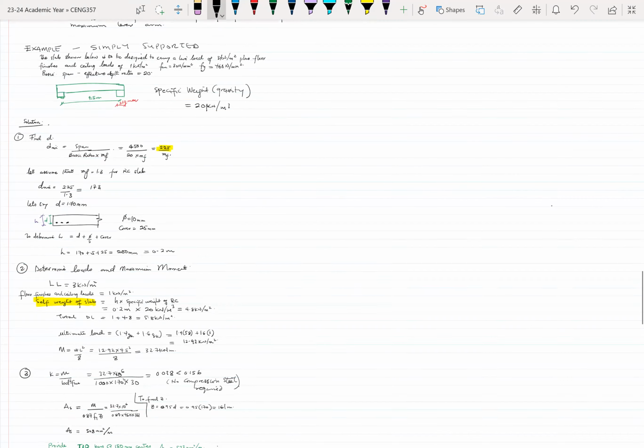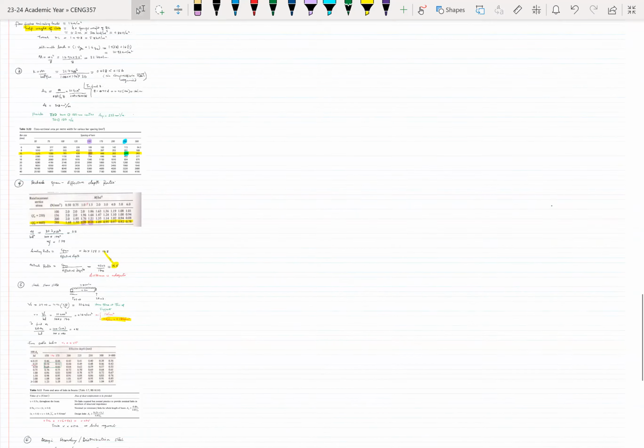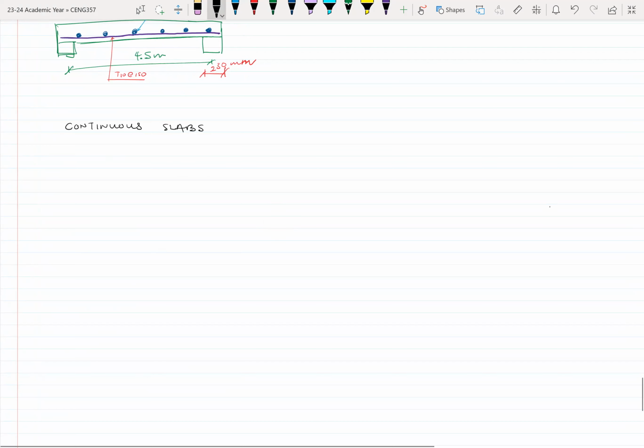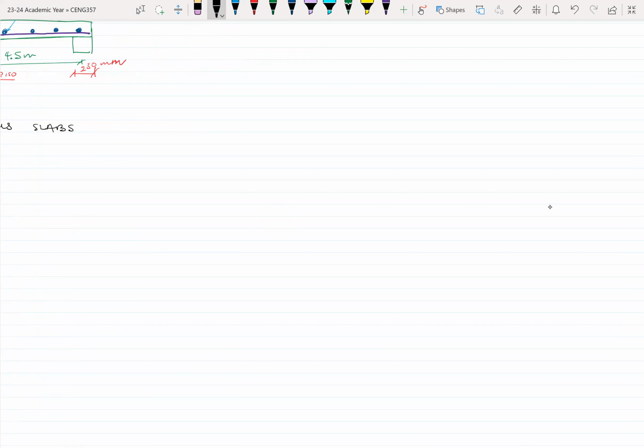So let's look at continuous slabs. So this is solid slabs that span in one direction or one way. Okay.